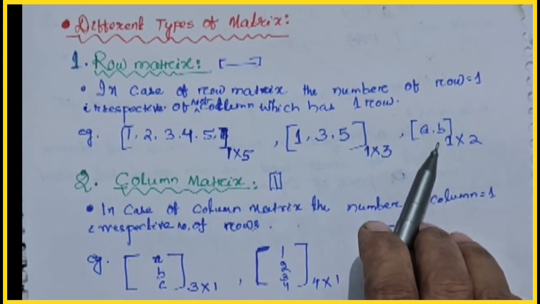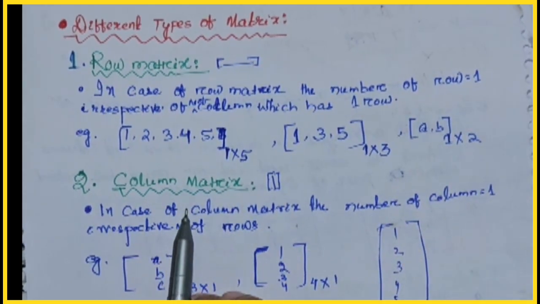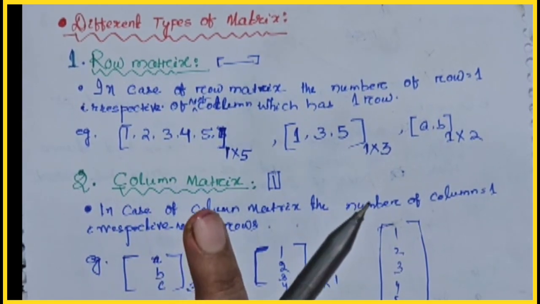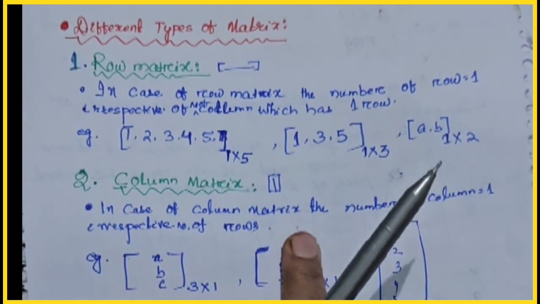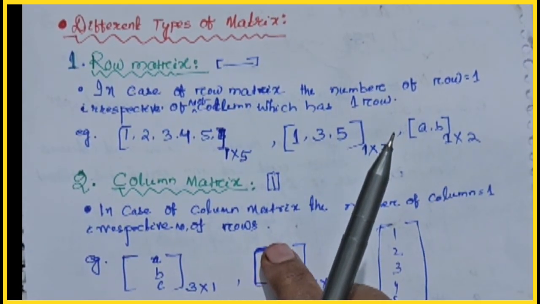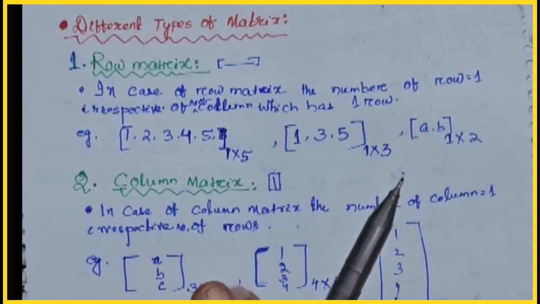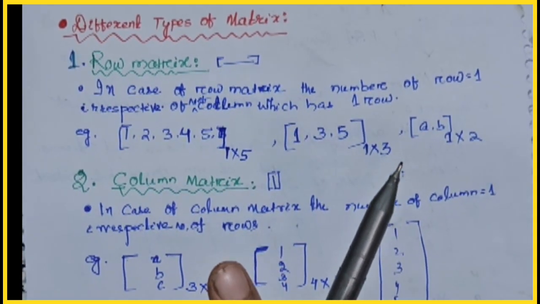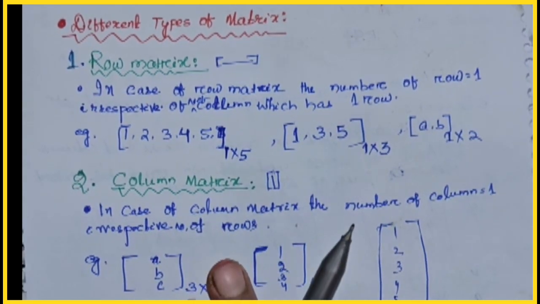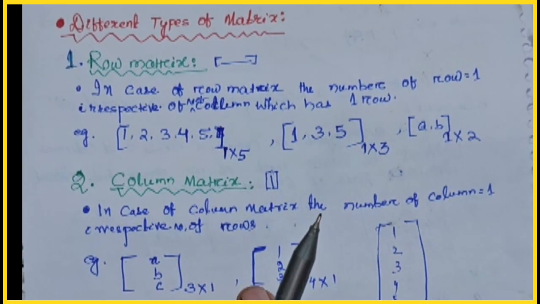A B, here 2 elements, so 1 cross 2 matrix. Column matrix: in a row matrix the number of rows is 1, in a column matrix the number of columns will be 1. So in case of a column matrix the number of columns will be 1 irrespective of the number of rows. How many rows are present does not matter, but in a column matrix only one column is present. So the order, the column order is 1 and the number of rows does not matter.